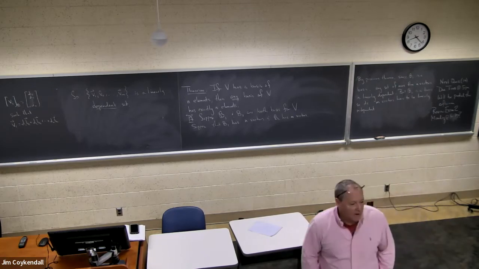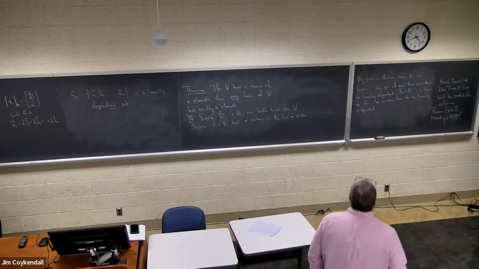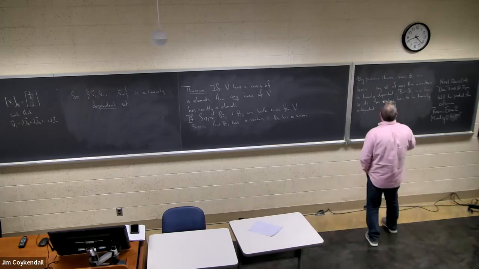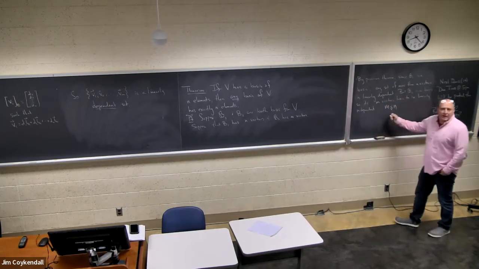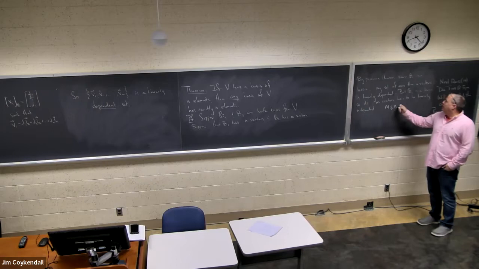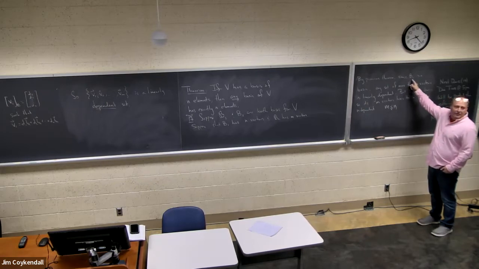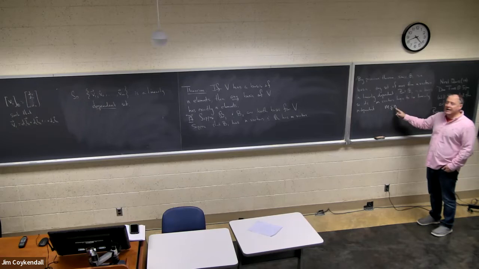Can somebody tell me what that tells me? So far, m has to be less than or equal to n, because B1 has n elements in the basis and B2 is a linearly independent set. That means the number of things in B2 cannot exceed n. Agree?